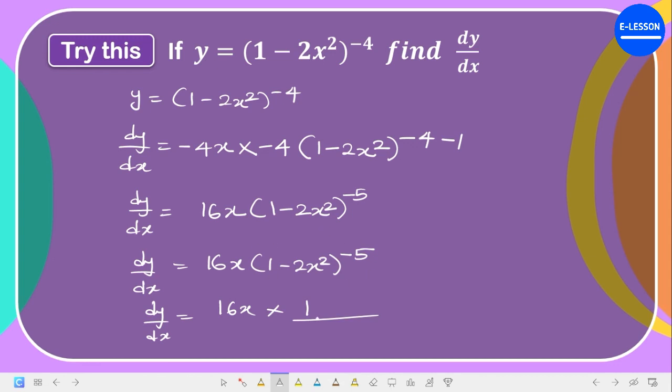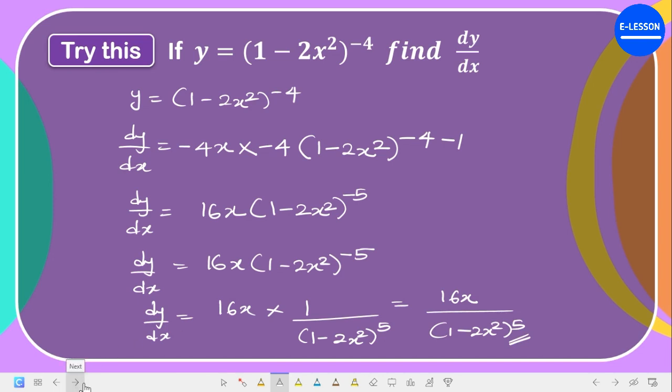Write everything here again apart from the negative. So this gives us 1 minus 2x squared raised to the power of positive 5. And this will be 16x times 1 is 16x divided by 1 minus 2x squared to the power of 5. That is the solution to this question.